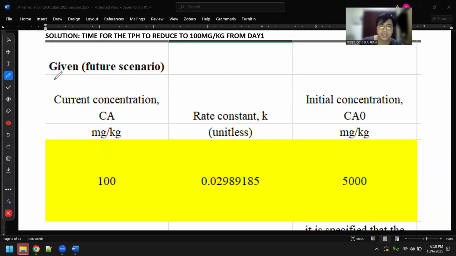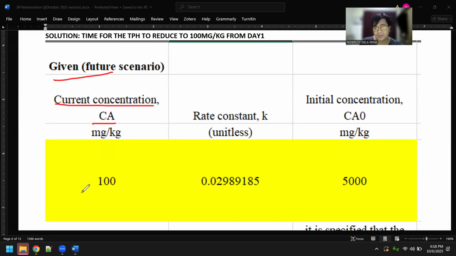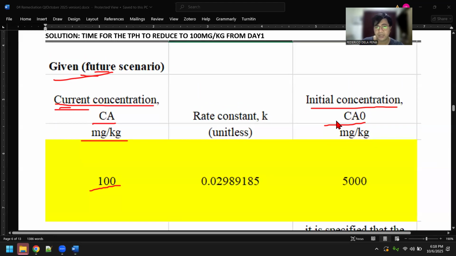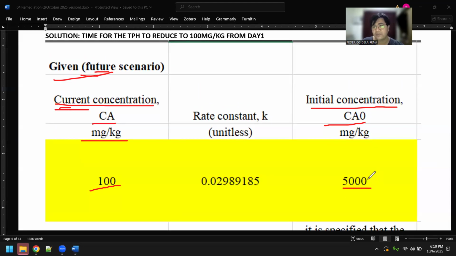First, you have to list down the given. You have your current concentration, Ca. Our term is current, but this is actually the future concentration, 100 milligrams per kilogram. You also have your initial concentration. We said that we're going to be starting with day one, therefore we have to use 5,000 milligrams per kilogram concentration.